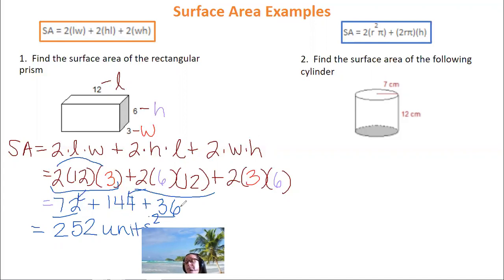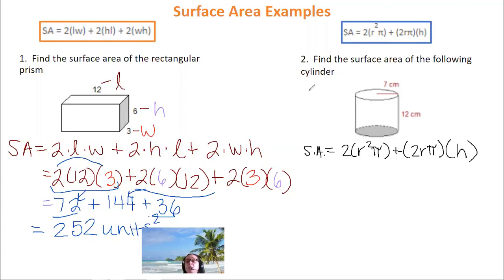All right, let's talk about this one. Find the surface area of the following cylinder. So we're going to write the formula down. Surface area is equal to 2 times radius squared times pi plus 2 radius pi times height.